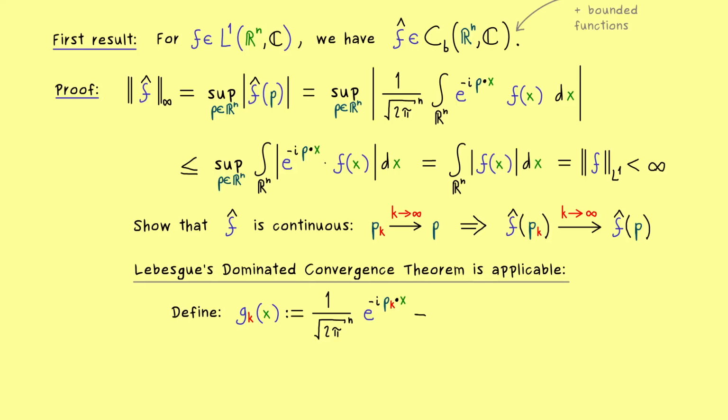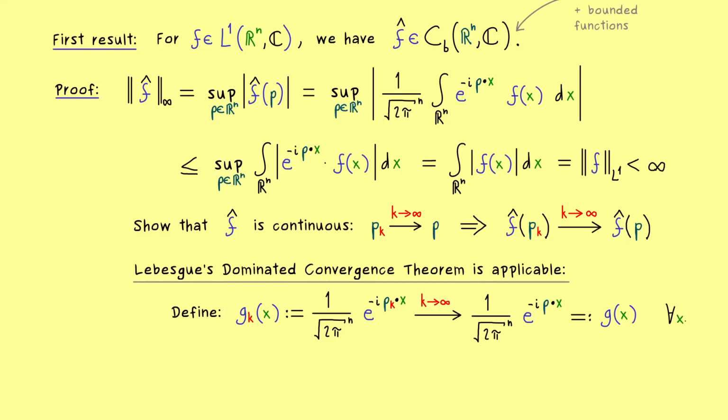And obviously for any point x, this value converges. Obviously this converges to the same function, but it has p instead of pk as an input. Therefore it makes sense to call this function just g. So the naming here is useful because from the beginning we fix a sequence pk and a point p.